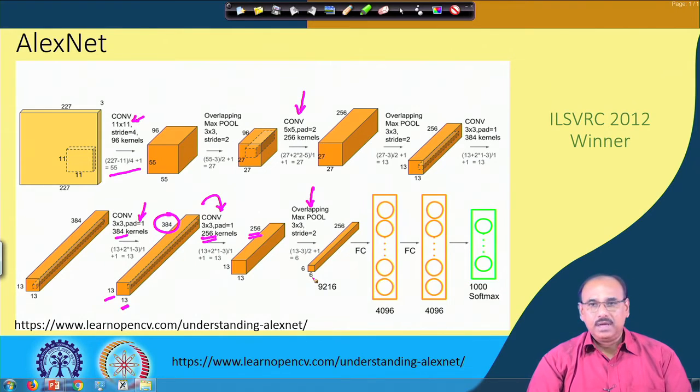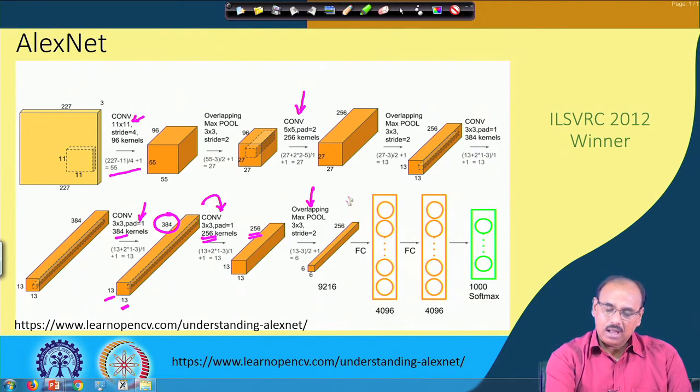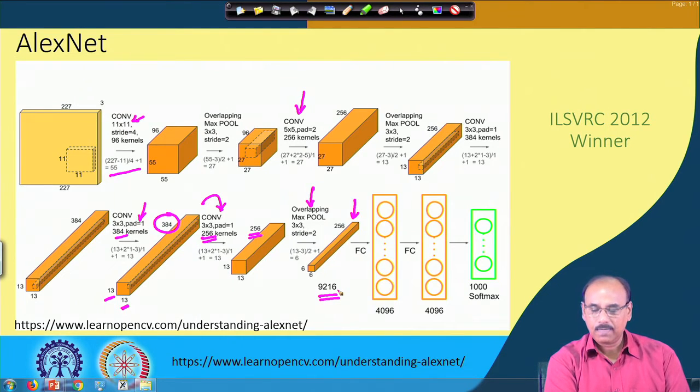After this, what you have is fully connected layers, which are the same as the multi-layer perceptrons that we have discussed earlier. So the first two fully connected layers have 4096 nodes each. After the output of this max pool layer, we have 6 into 6 into 256, that is 9216 nodes or features.